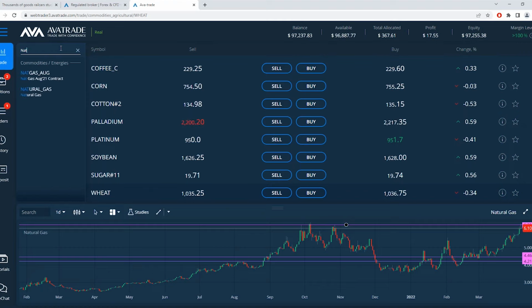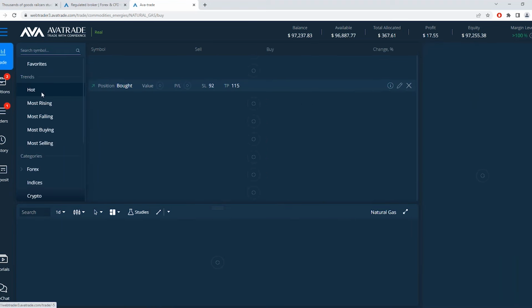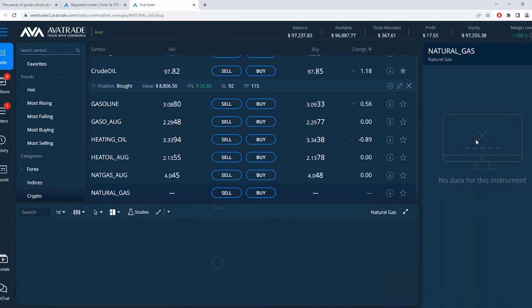So let me go to natural gas. We'll click on that, bring up the order window. Just wait for it to load. Looks like the data feed is a little bit slow on the natural gas.